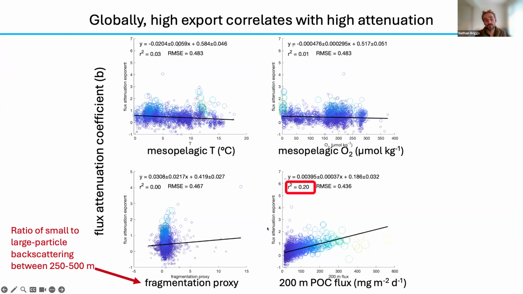But there can also be a biological explanation, which is when you have more particles, there's more things feeding on those particles in the water. And so you might expect higher flux attenuation when you have a big pulse of export.